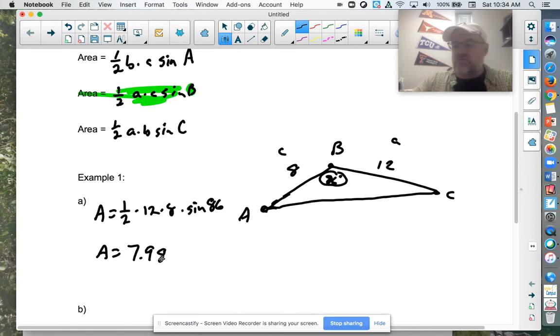You're right, I was totally wrong. I told you that I often make a lot of mistakes, and here was one of them. I felt like that was too small. This is 8 and this is 12 and this is almost 90, so it's really almost like base and height. It's got to be around 70 or 45 or something. So I knew that that was probably wrong.